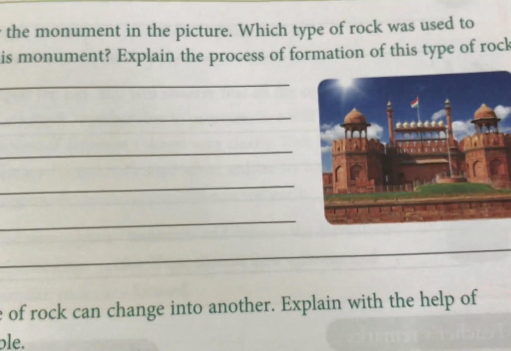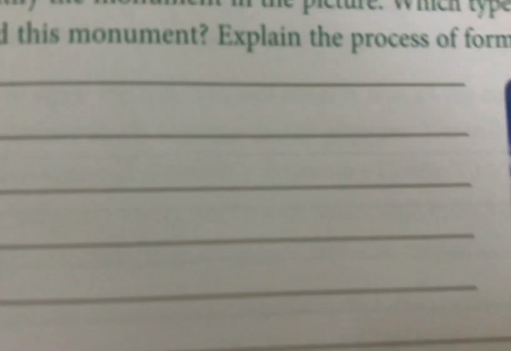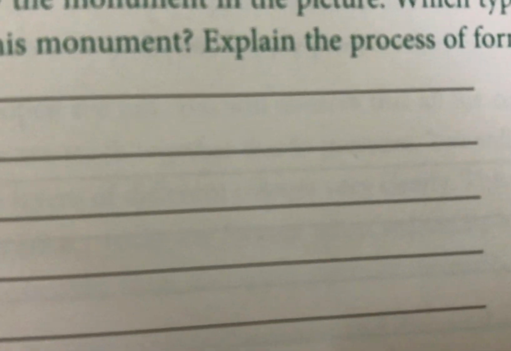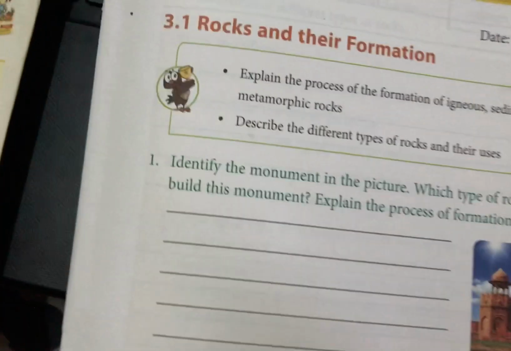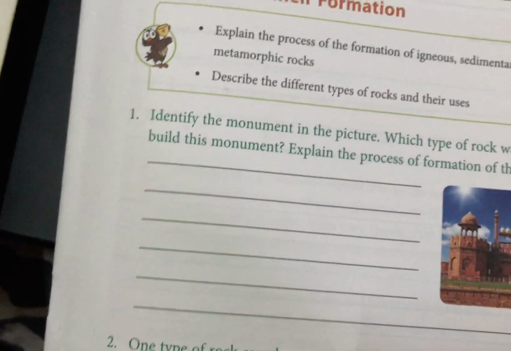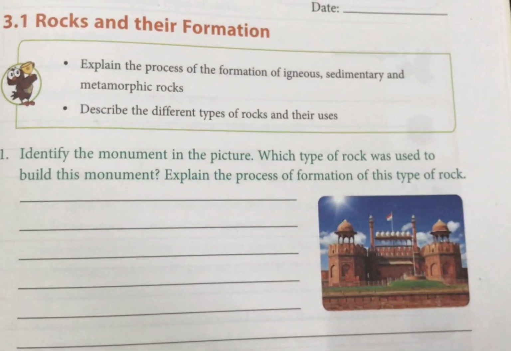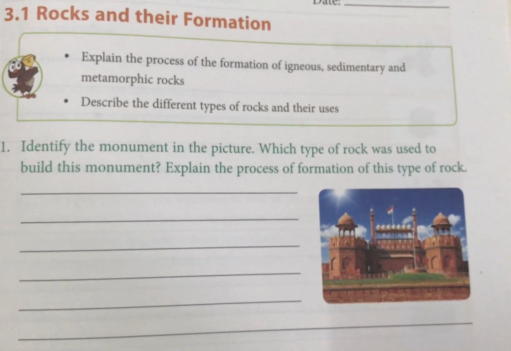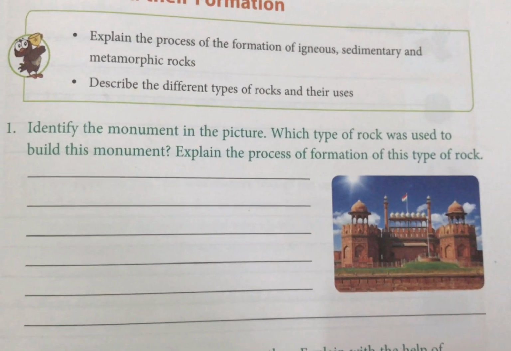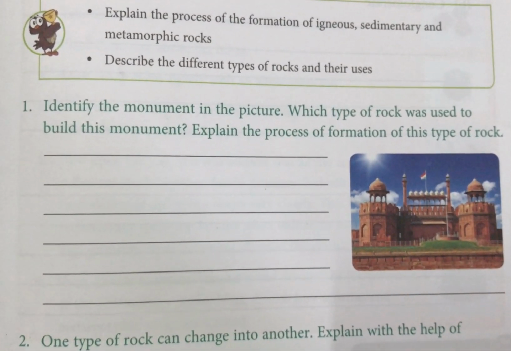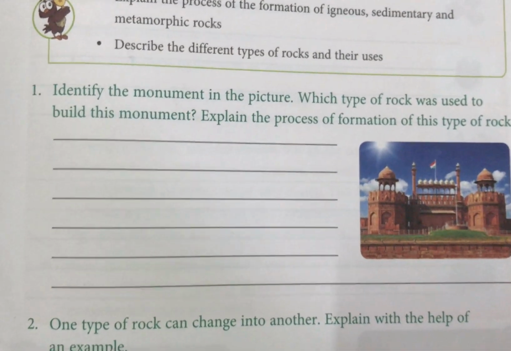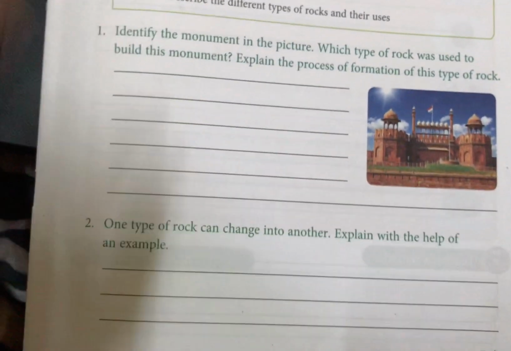It has two minerals, that is sand and quartz, and small particles of sand get compressed under high pressure and are cemented together to form the sandstone. So this way the sandstone rock is formed. Like this you have to write down. That is the first one.